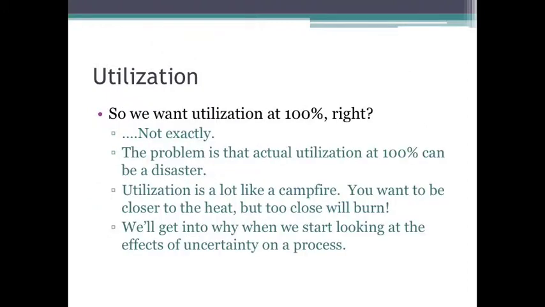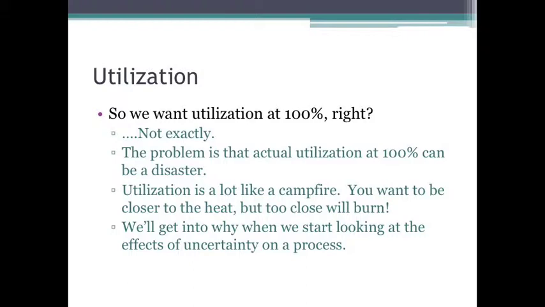So, as stated, we do want a fairly high utilization, but we don't want utilization at 100%. The reason why is because actual utilization at 100% causes problems, because when you have any variation in a process and you have utilization at 100%, suddenly it takes an infinite amount of time, and I'm not going to go into the math details here, but it takes that long for an item to get through the process.